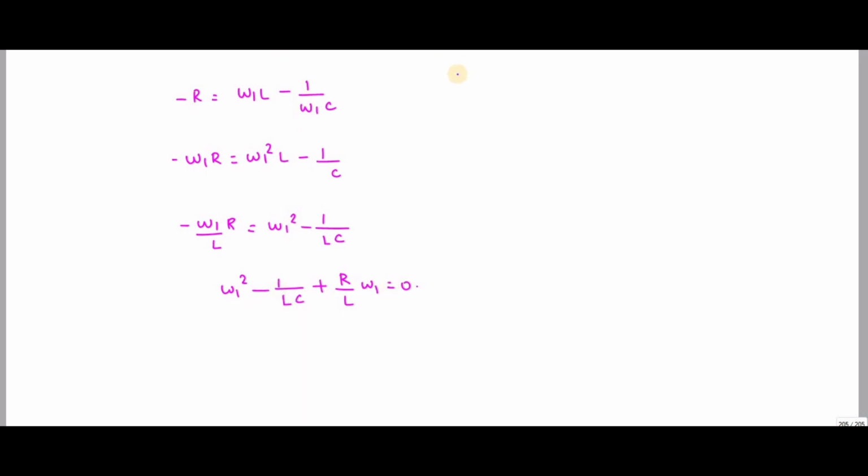Okay. So what is omega 1? Omega 1 is equal to minus B, B is R divided by L, plus or minus root of B squared, B squared is (R by L) whole squared minus 4 into minus 1 by LC, divided by 2A.